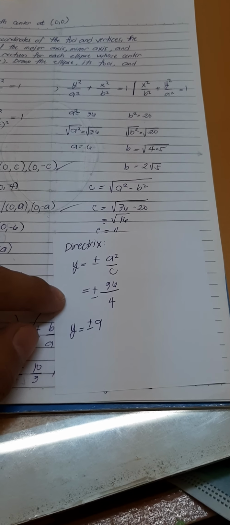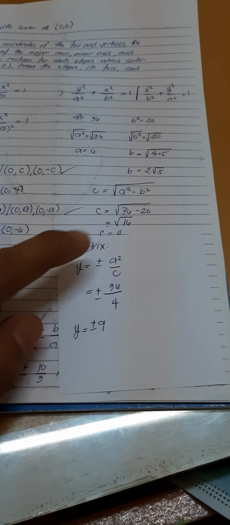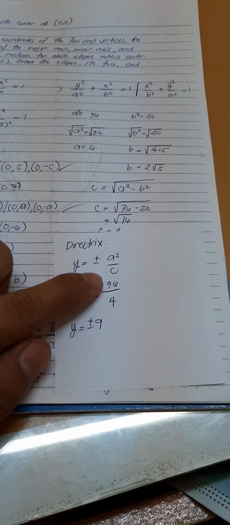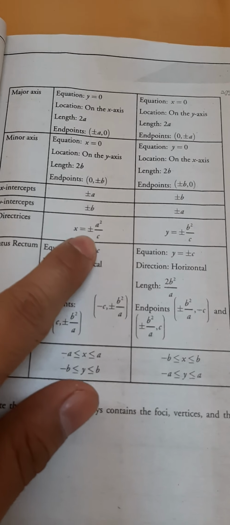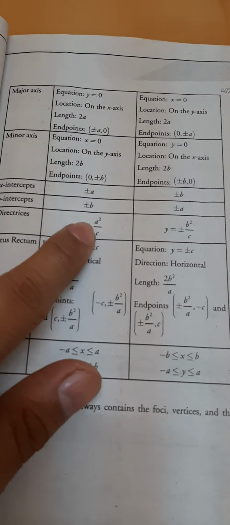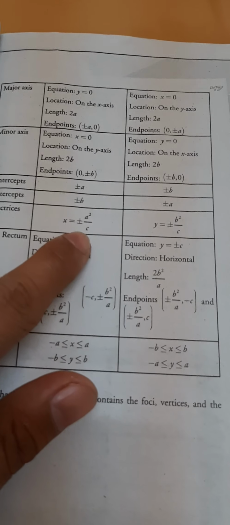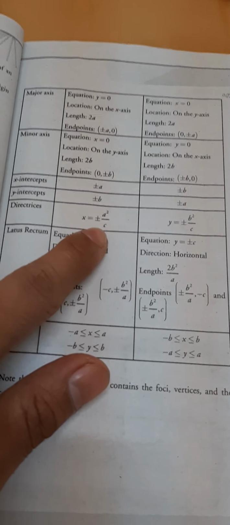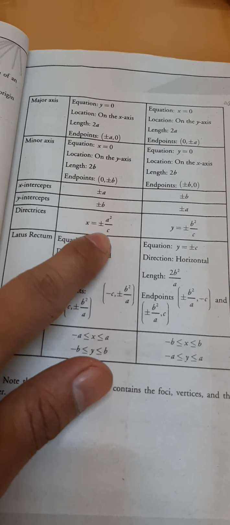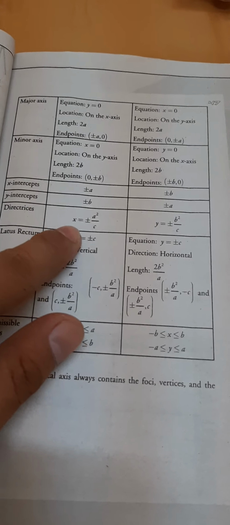So we have y is equal to positive and negative a squared over c. Actually, in the table, we have here x that is equal to positive a squared over c. So for us to have the value of our directrix or directrices, we will just substitute y here in our x.